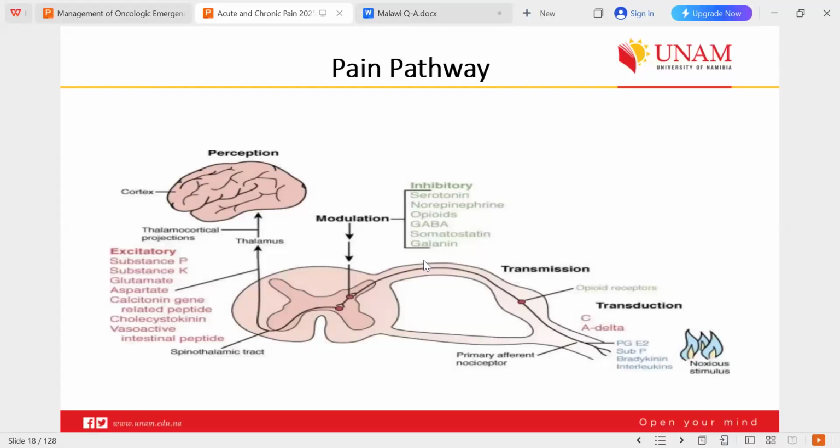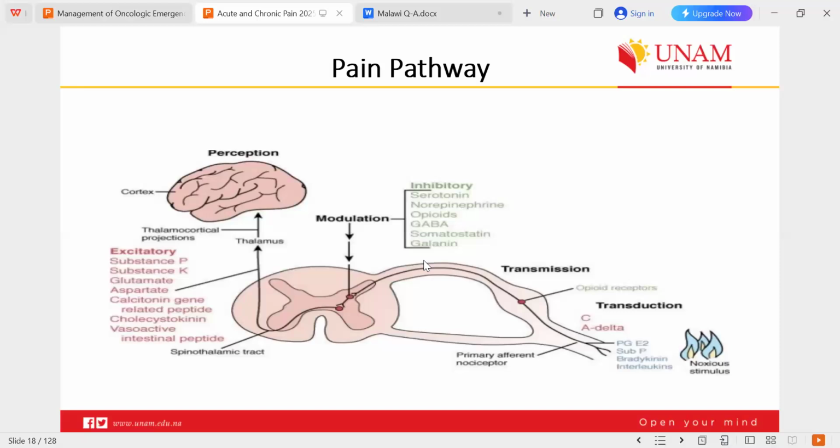Transduction is when the nociceptors in the skin and other peripheral tissues are activated by different noxious stimuli: heat, mechanical, and all that. And this is mediated by prostaglandin E2, substance P, bradykinin, and interleukins.